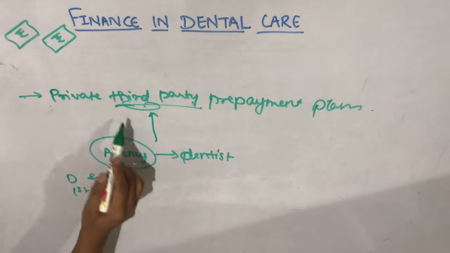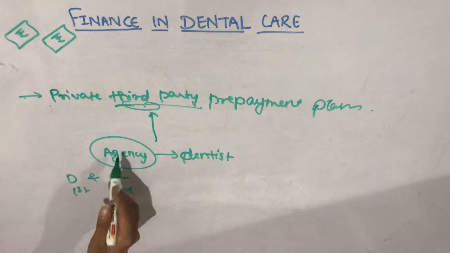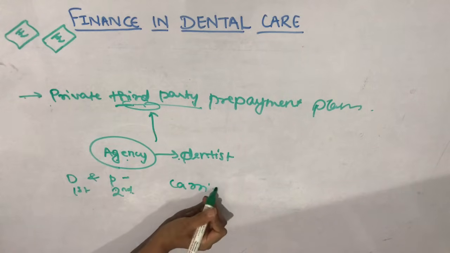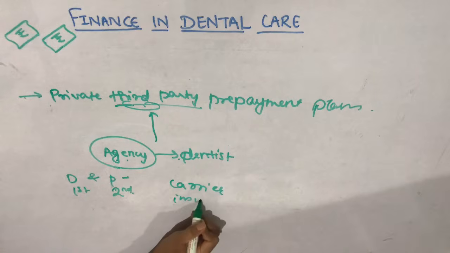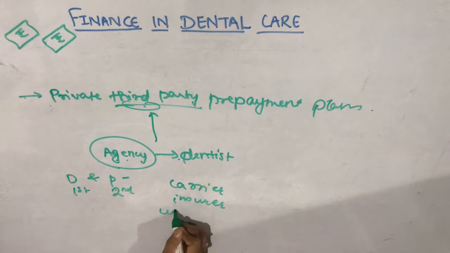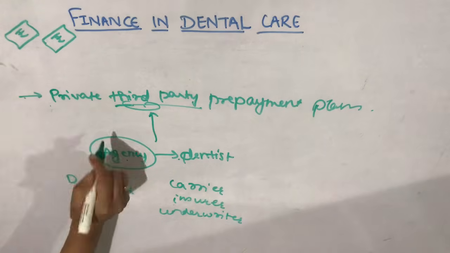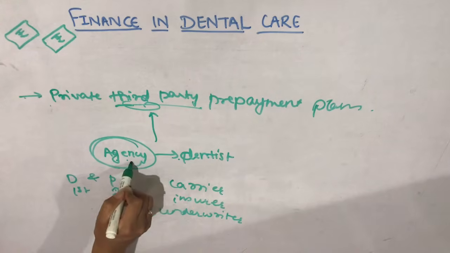Whoever gives the money to the dentist is known as a carrier, insurer or underwriter. All these names are given to the agency that has this prepayment plan.